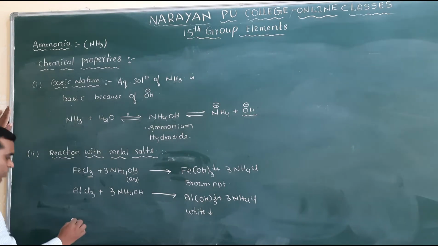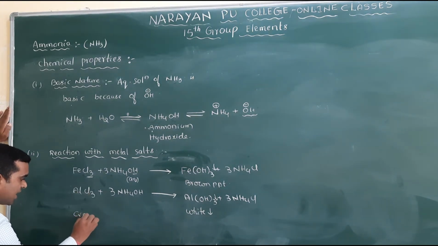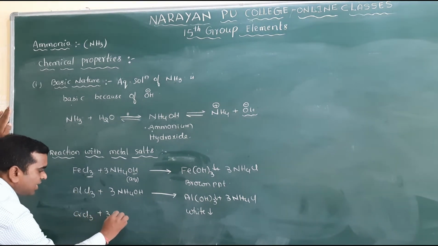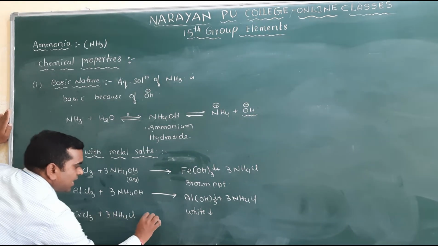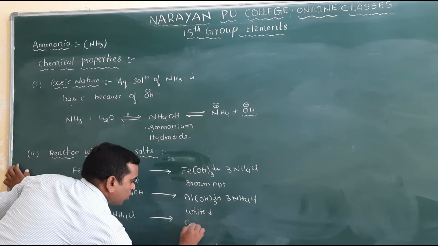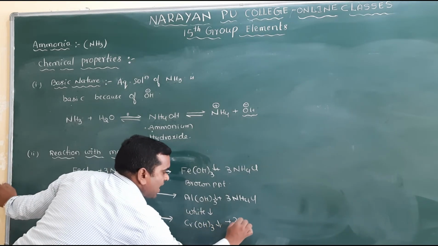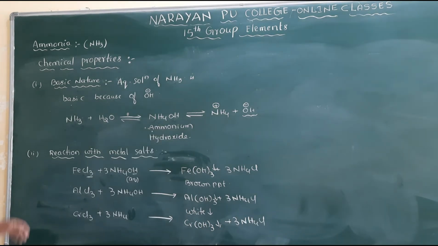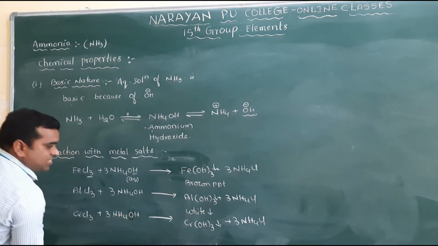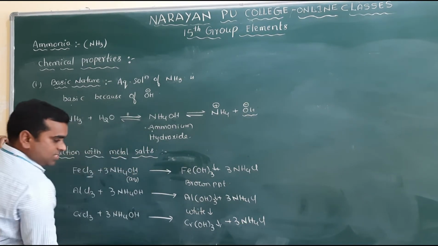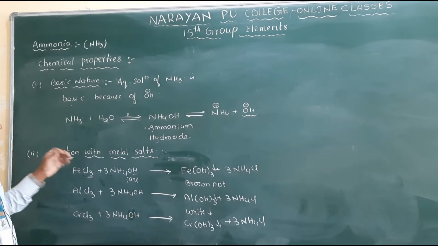Clear? And next one, if you take chromium, CrCl3 also, same reaction. NH4OH, and you will get NH4Cl, and the chromium is precipitated as chromium hydroxide.